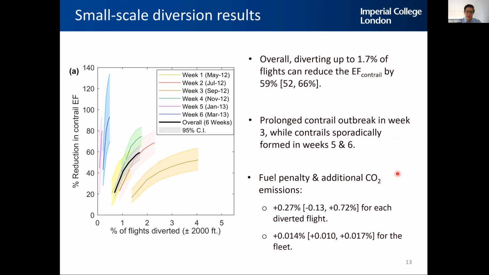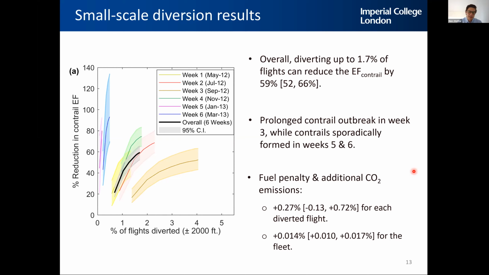In week 3, there was a prolonged contrail outbreak, so lots of flights were forming contrails, which means that to reduce the energy forcing from contrails, we have to divert more of them. Whereas on the left-hand side, the pink and the blue lines, in those weeks contrails were only sporadically formed due to the meteorological conditions. So mitigating the effect of a smaller number of flights would have a bigger effect.